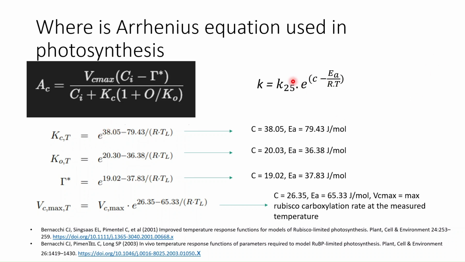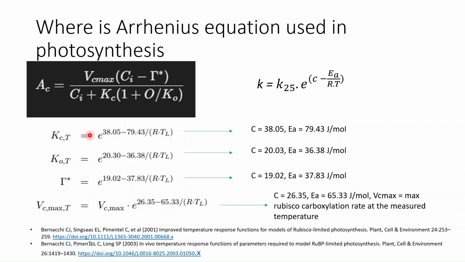It is the same representation, except that k at 25 degrees Celsius, k25, is equal to 1 for the Michaelis-Menten constant Kc, and the exponential of c is equal to 38.05.